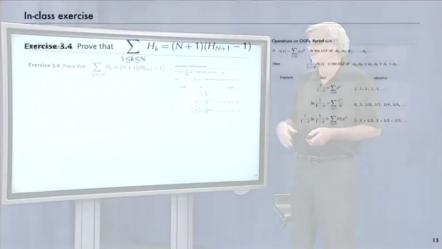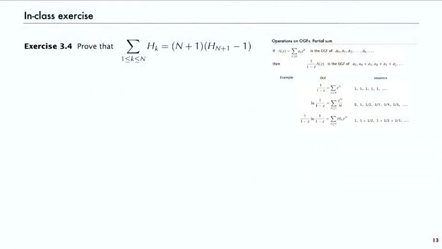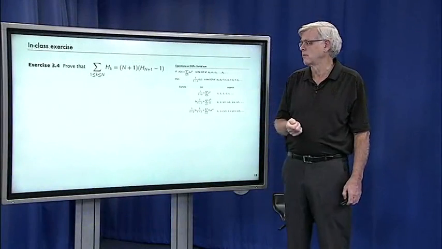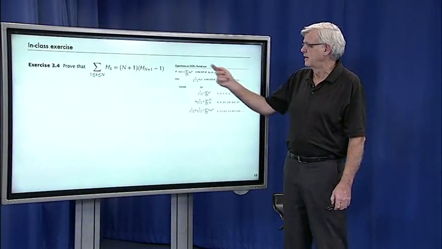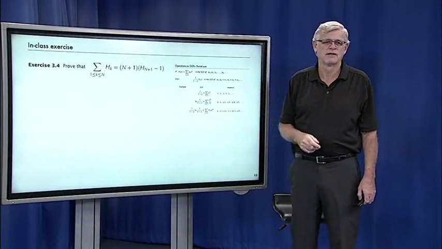So here's an exercise that you should think about to cement your understanding of ordinary generating functions and the sequences that they represent. Let's prove, using generating functions, that the sum of the harmonic numbers for k from 1 to n has this value.